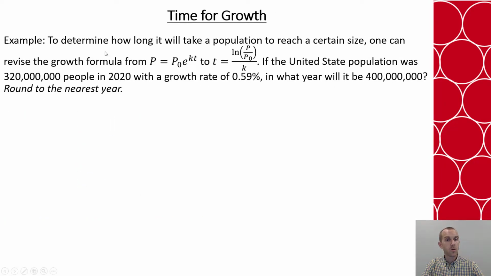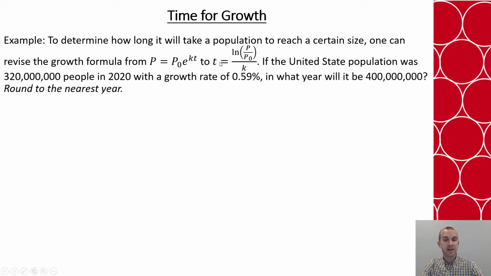Now, what if I wanted to use a little bit more complicated formula here, looking at population growth? So I know that to determine population to reach a certain size, I can revise the formula from P equals the initial population times e to the kt, and I want to find out instead how long it will take.